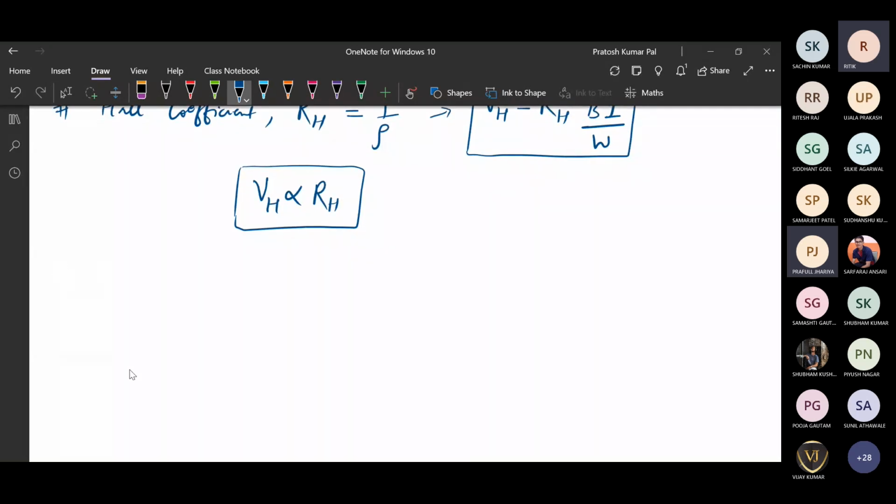One of the next conclusions from the Hall experiment is that we can find the mobility.